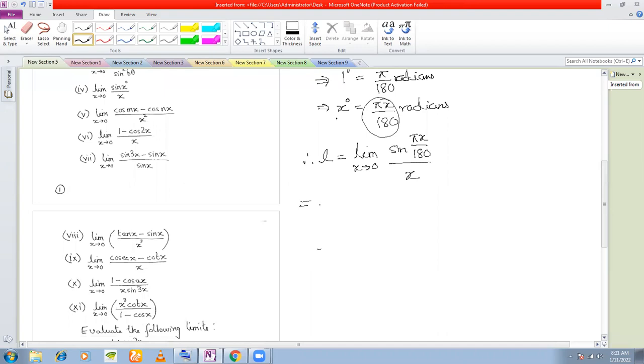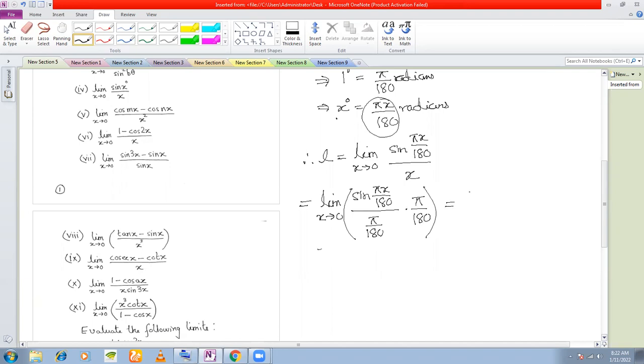Now we are going to evaluate this limit the usual way. Limit x tends to 0 sine pi x by 180. Now if you see here, pi by 180 is the constant one. So therefore, if we want to bring it to a sine x by x form, we have to divide this by pi by 180, right? Because this pi by 180 is a constant. And if we are dividing by pi by 180, we also need to multiply by pi by 180, right?